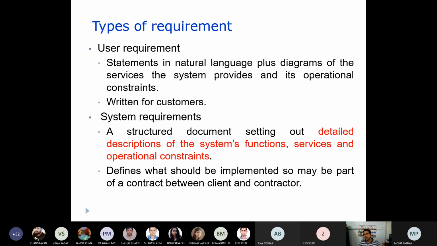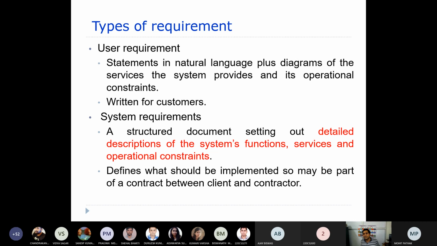Now these requirements can be of two types. One is user requirements, and the other one is system requirements. So what is a user requirement? Statements in natural language plus diagrams of the system services.